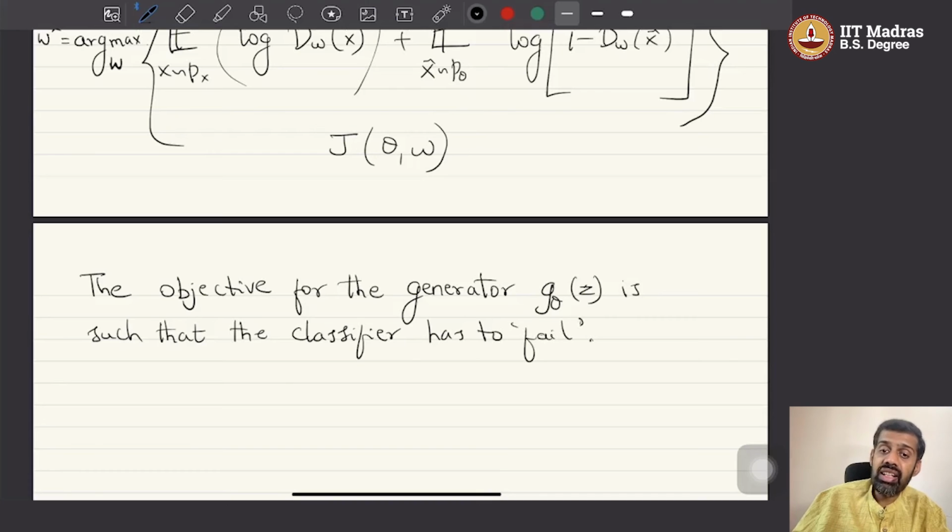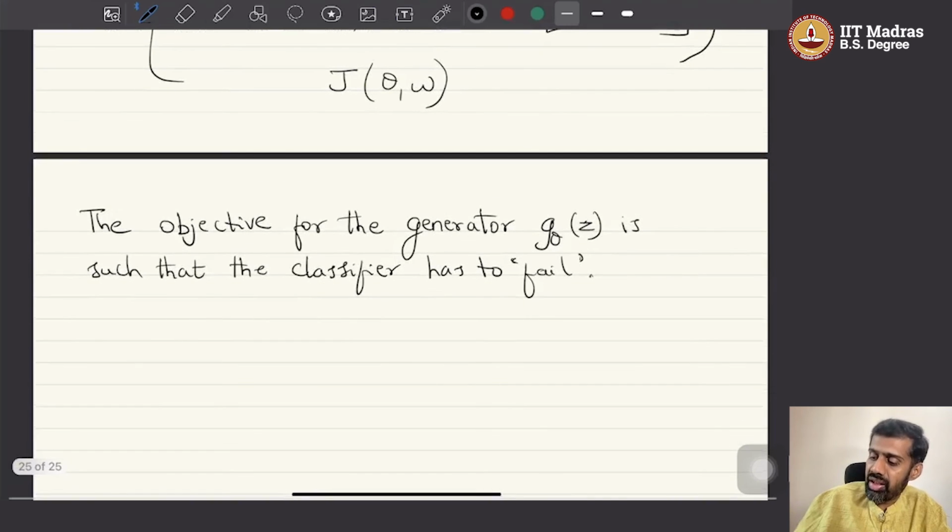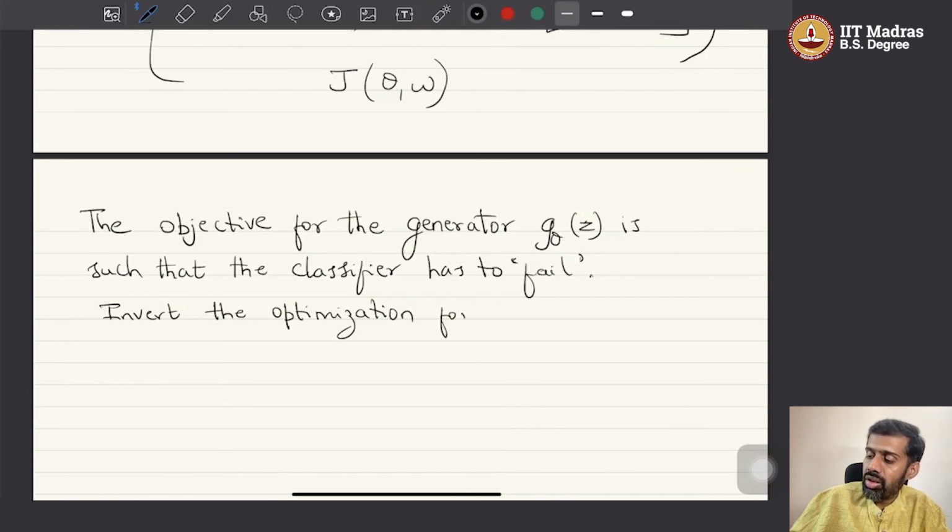We have to tweak our theta in such a way that the classifier has to fail. Now how do we do that mathematically? We simply invert the optimization problem that is for the classifier. That's all. Invert the optimization for the classifier.